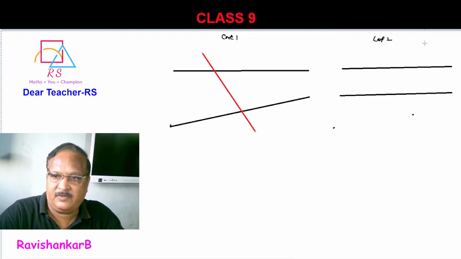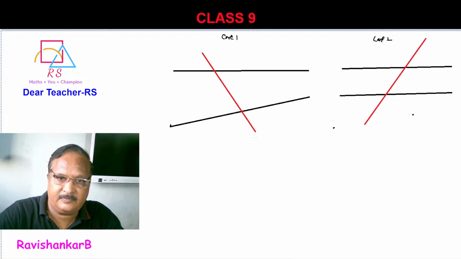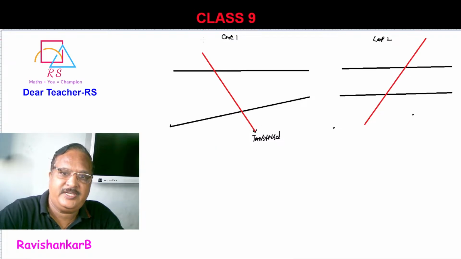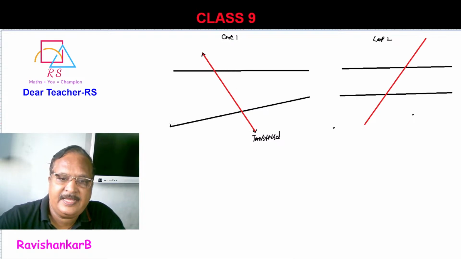Here also we will draw one more line. This red color line is known as a transversal, because the line which intersects two or more lines, we call it a transversal.